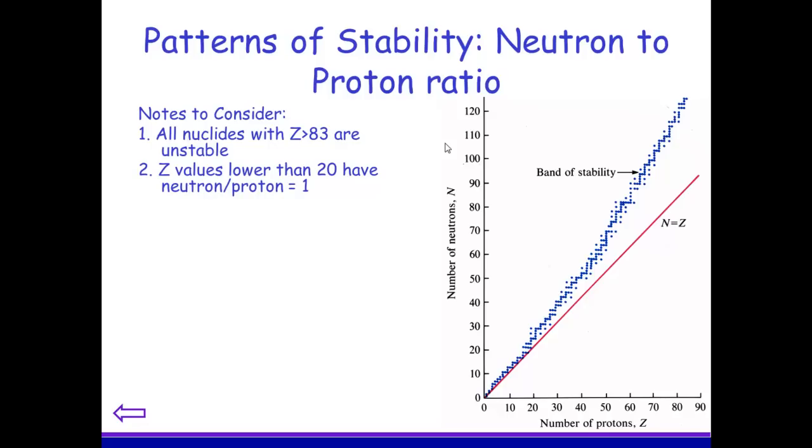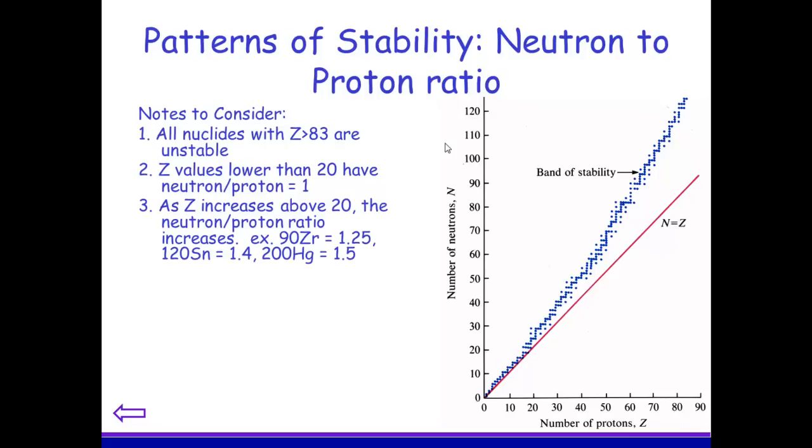We'll notice at the bottom end of the spectrum, when we have protons which are quite small, with a proton number of less than 20, the ratio tends to be 1 to 1. And as we get a bit higher up, then the neutron to proton ratio tends to increase and get larger and larger as the size of the atom, the proton number, increases.